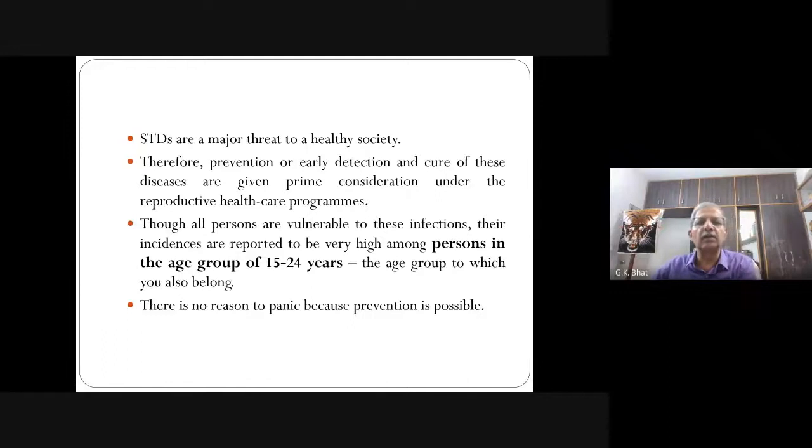STDs are a major threat to a healthy society. Therefore, prevention or early detection and cure of these diseases are given prime consideration under the reproductive health care program.